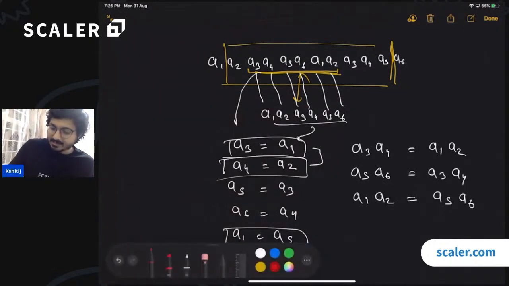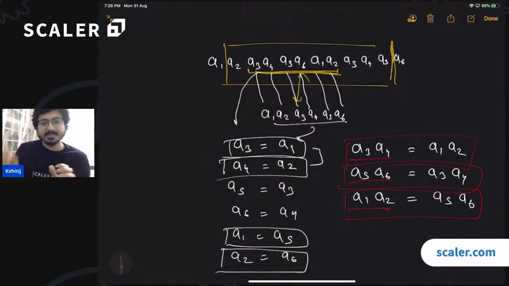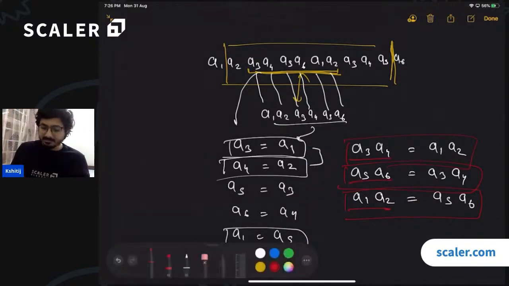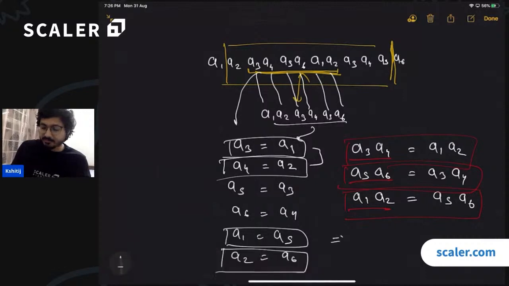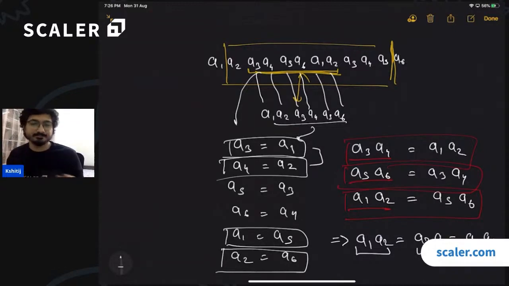Now you can see that these are all equal, which means each and every term is the same. What have we just proved? We have proved that A1, A2 is equal to A3, A4, which is equal to A5, A6, which means that this is a substring which is repeating.